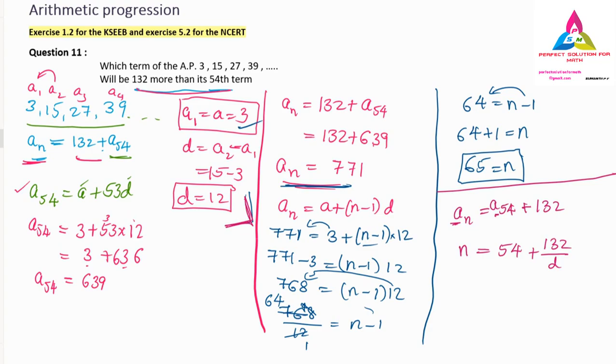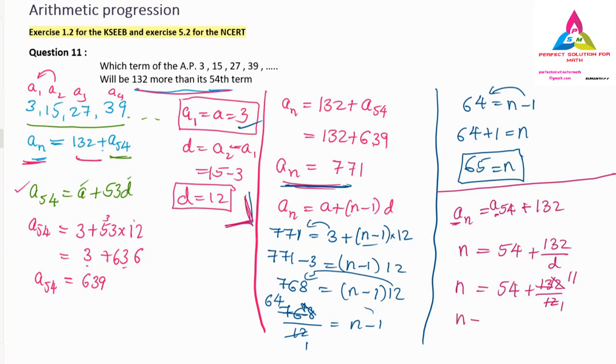Though this is a verification step, you can't do it in an exam, but if you do in an exam, you will not get the full marks for this, but I have given it for your verification only. So n I have to write down as it is because the n term we have to find. 54 I have to write as it is. 132 divided by, what is the d value? D value already found, that is 12. So 12 ones are 12, 1 is left, again 12, 12 ones are 12.